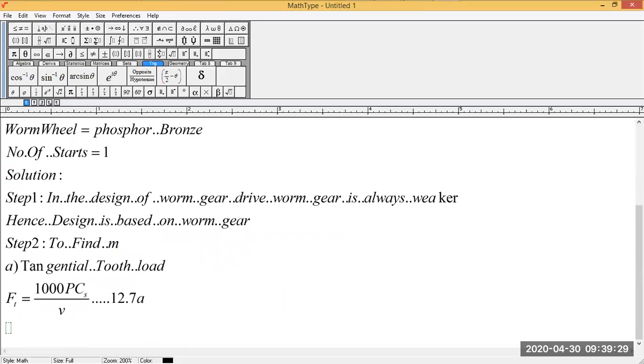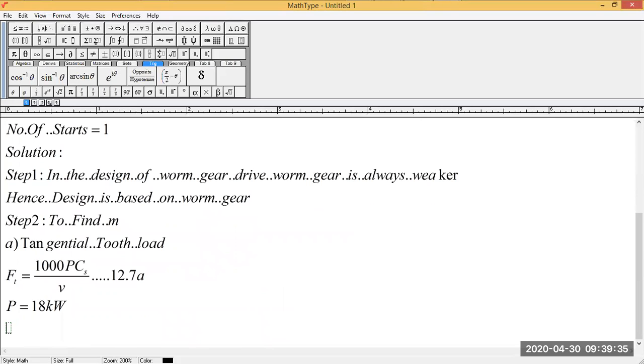So here we know power P is 18 kilowatts. Then service factor, depending on number of hours of use. Since it is not specified, I'm just taking 1.8. Okay, this is from table 12.8, as we have solved with all the previous numericals.